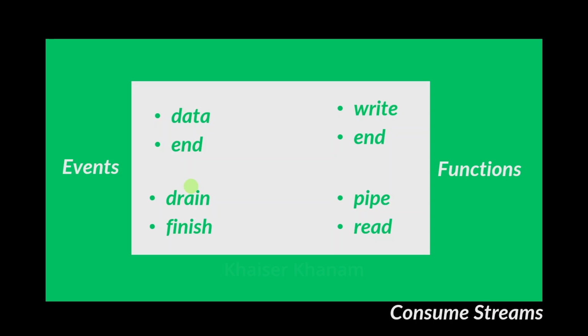We have not seen the HTTP module, but from the next lecture we will understand how to use streams inside our FS module. But once we learn HTTP, we are going to come back to streams, and we will understand how data is sent to the server and how data is received from the server. But whatever events and functions we have, they are used for consuming streams.